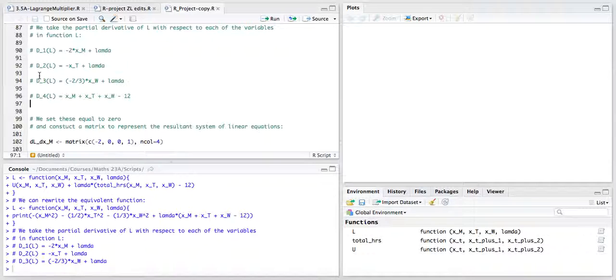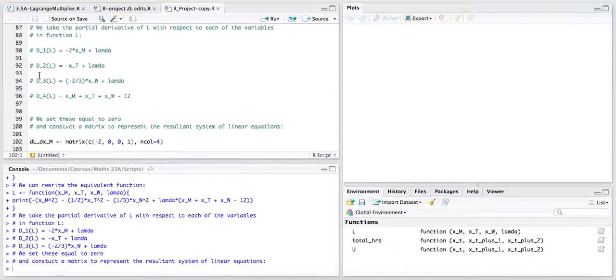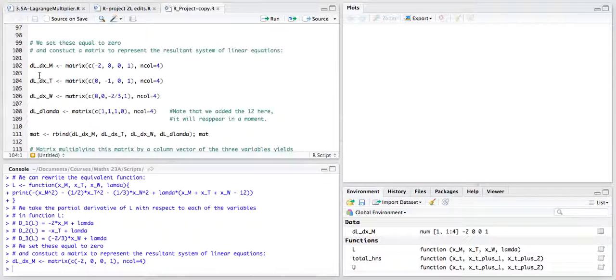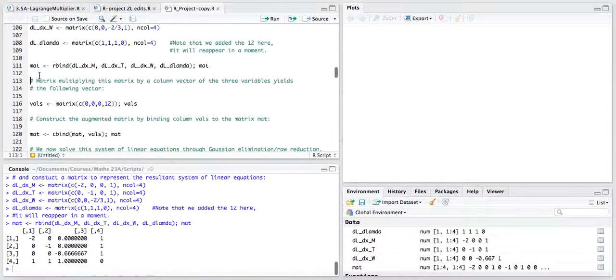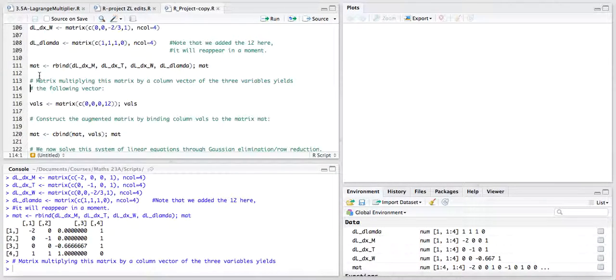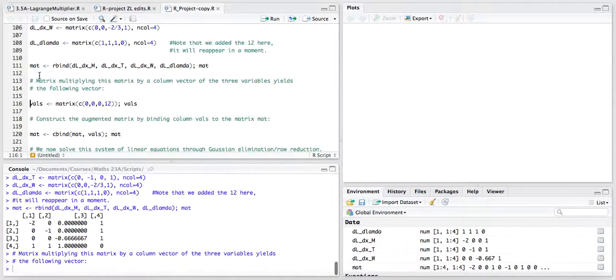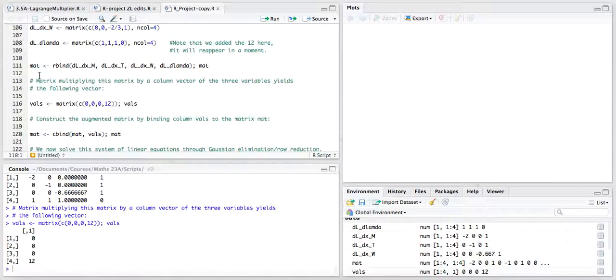And now we set these partial derivatives equal to 0 and construct a matrix to represent the resultant system of linear equations. So here's our system of linear equations, and matrix multiplying this matrix by a column vector of the three variables and the Lagrange multiplier, we get the following column vector.